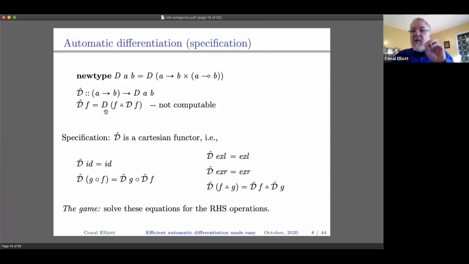So now when you have a recipe for a computable function, translate that recipe into the language of categories, and then use the same recipe, but in a different category, the category of differentiable functions. And that's how you get the computable differentiable version of the function. Good, thanks for asking that question, because I hadn't said that clearly, and that's really important.